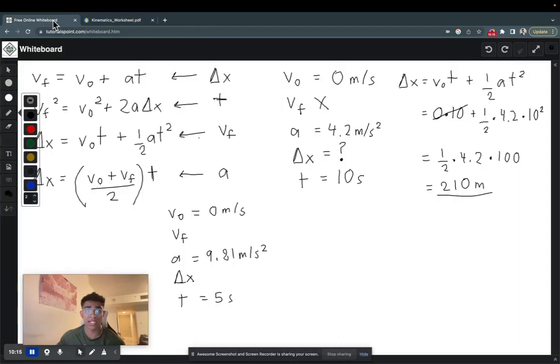So it wants the displacement. So again, we use this third equation. Displacement equals 0 times 5 plus 1/2 times 9.81 times 5 squared.